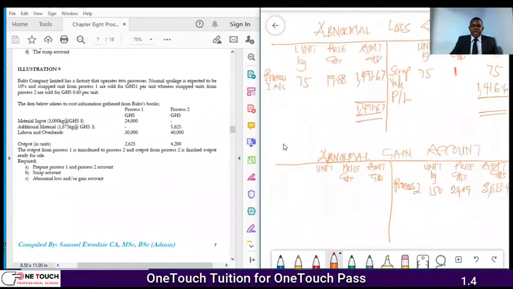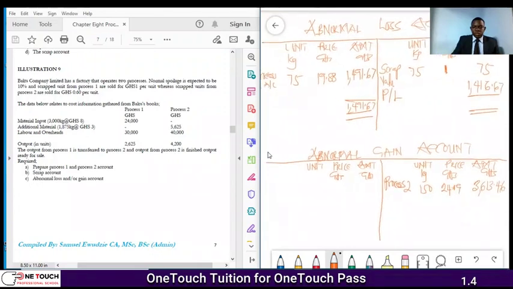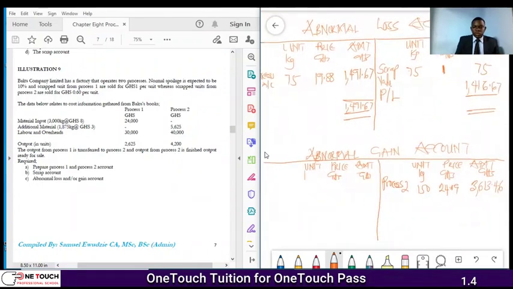In terms of the abnormal gain, the abnormal gain too can be scrapped. So you have scrap. The value is 150 at 0.60. So 150 times 0.6 gives us 90. Good. So it's a gain. So here the difference goes to P&L.